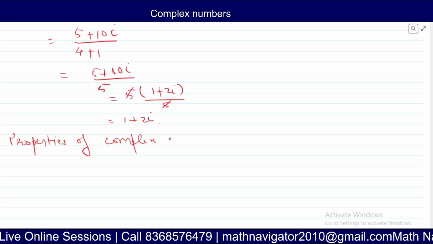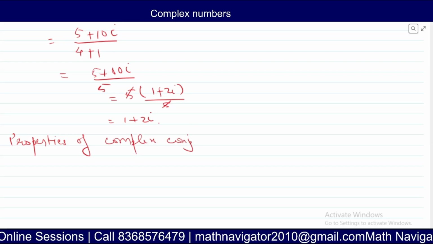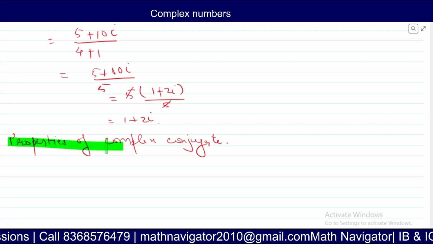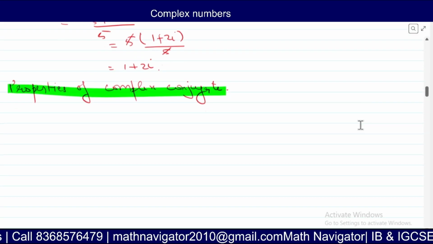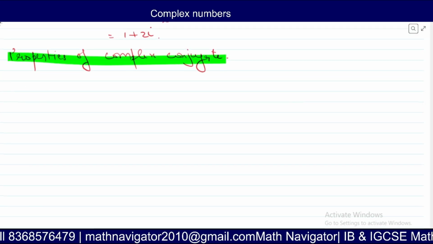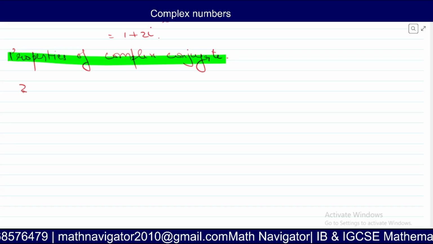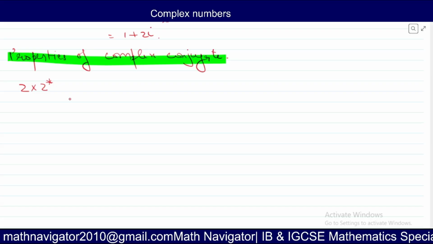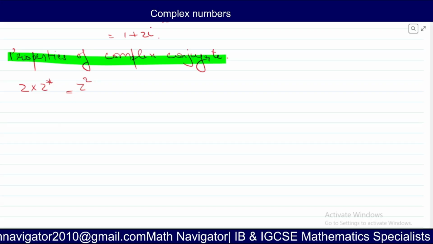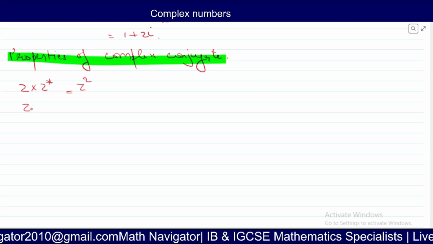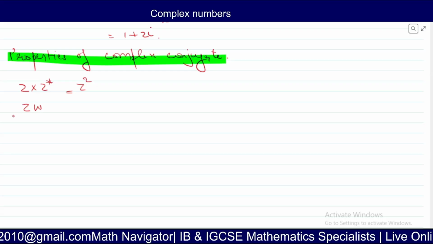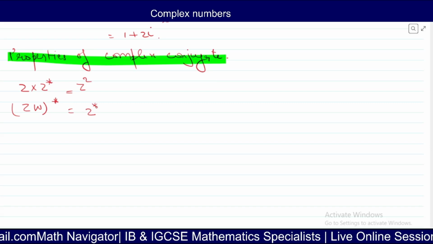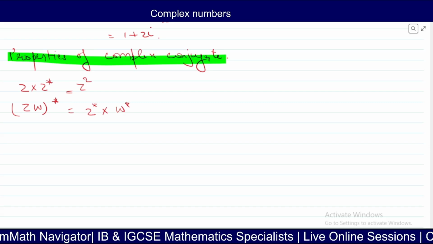So now we talk about z times z star is equal to |z| squared, right? (z w) whole star is equal to z star times w star. Got it?